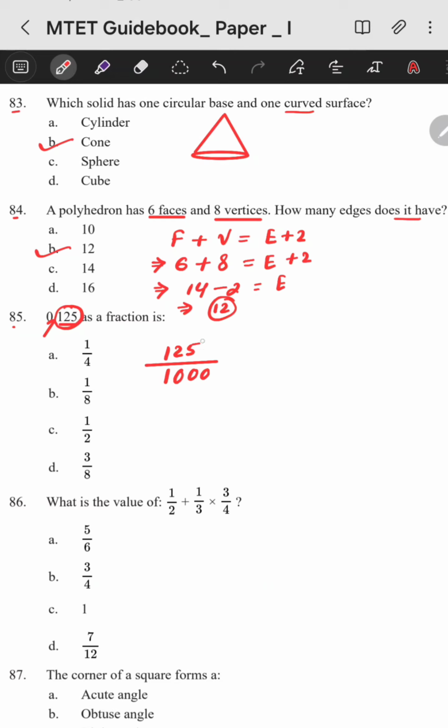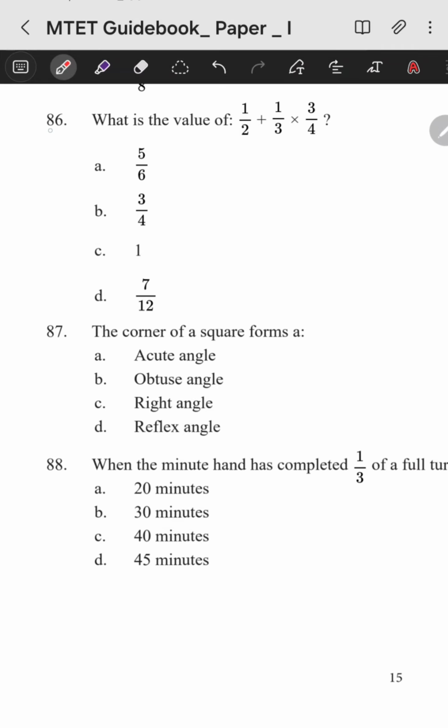Now if you divide, 125 goes 1 time, 1000 is 8 times. That means option B is your correct option, because 8 into 125 is equal to 1000.